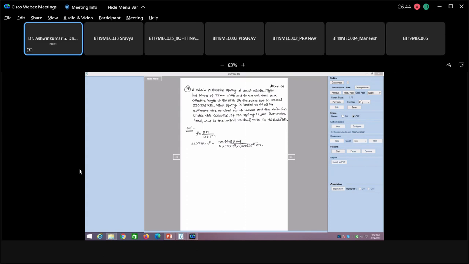Sir, it should be t square only. I wrote it incorrectly last time. Okay, there was some confusion because in the other equation it is t cube, and the equation is not in front of me. So please get the value of t square. Please calculate the value of n from here. I have to depend on you.